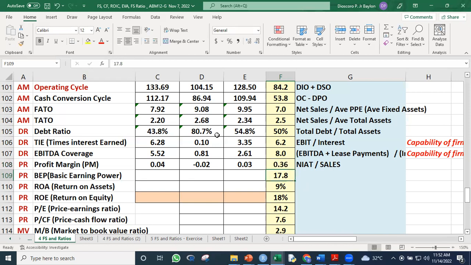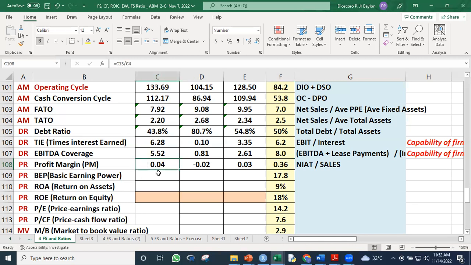0.36. Okay, what does that mean? For every 100 pesos of sales, the company was earning 36 pesos profit nila. Nakabenta siya ng 100 pesos, 36 pesos dun yung profit margin niya. 36%. Ito tayo 4% lang.